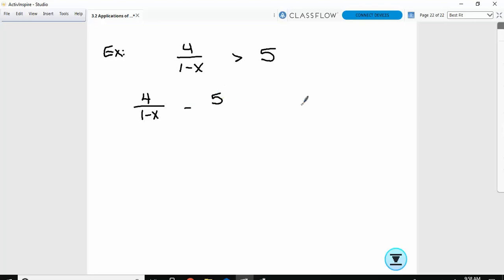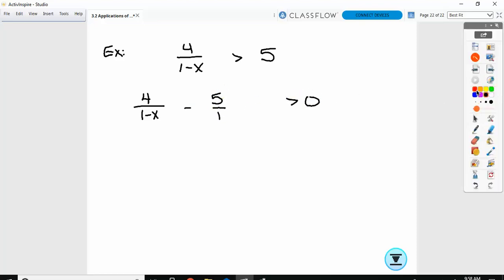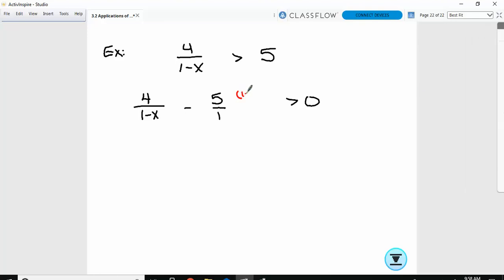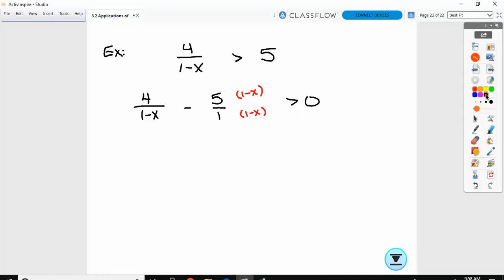Subtract it. That's like 5 over 1. In order to put these together, what do we have to have? Same denominator. Right, so I have to multiply by 1 minus x on top and bottom.